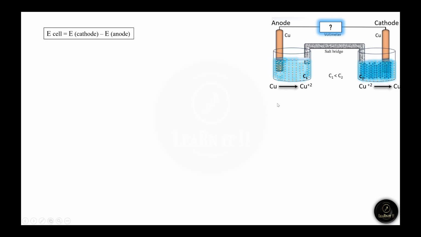E of this cell can be calculated by the formula E of cathode minus E of anode. E of cathode is E naught of Cu minus 2.303 RT divided by NF log of 1 by the concentration of the cathode, that is C2.